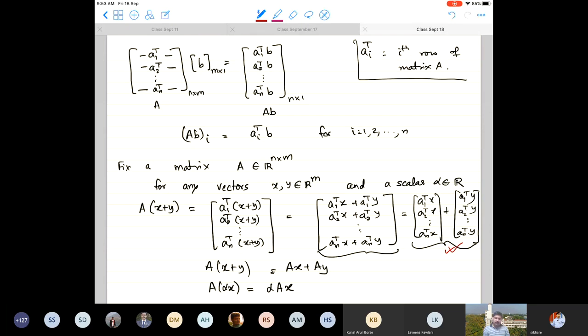This step, the one which I put red arrows on? That is just vector addition, no? I have not used any associativity or commutativity. How do you add two vectors? Two vectors are added component wise. That's all I have used. Nothing more.